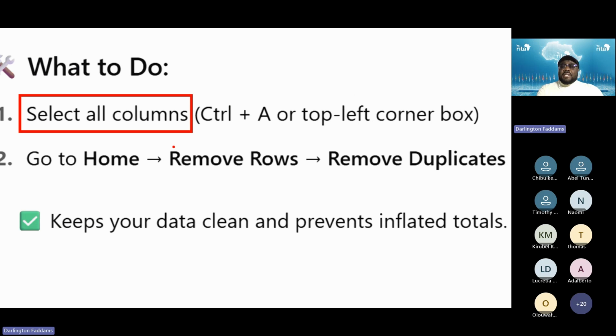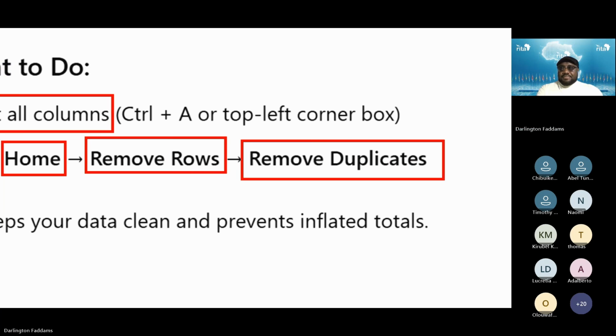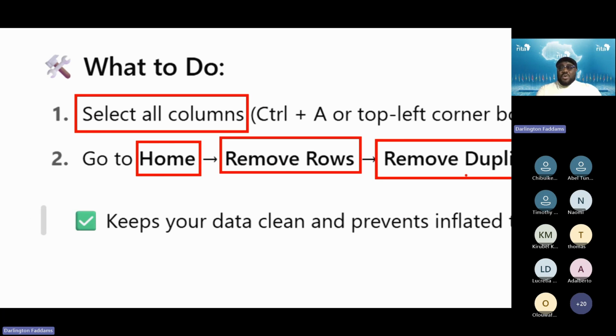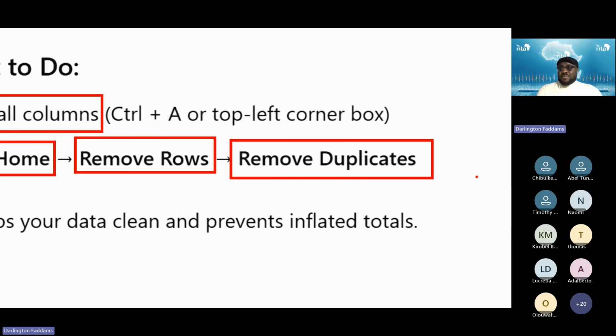Just use Control A. Then on the Home tab, go to remove rows, and then remove duplicates. If you're able to do this, please put one in the chat for me. If you're able to do this, put one in the chat. Select all columns, go to Home, remove rows, remove duplicates. Thank you. Thank you so much.